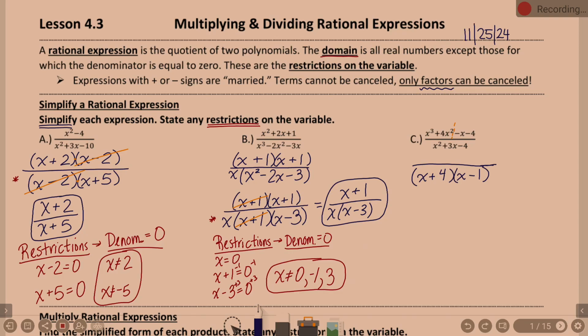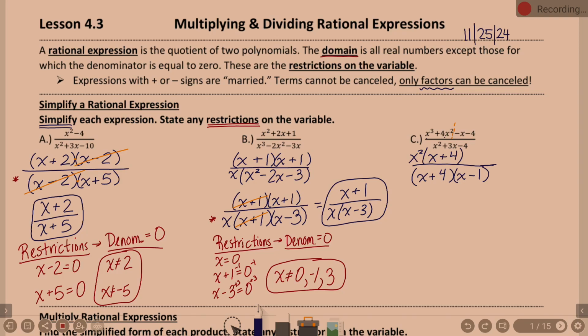And then, what is the GCF of the first 2 terms? So what do my first 2 terms have in common? X squared. So we're going to put the x squared out front. If you have x to the third and you divide out x squared, we're left with x. 4x squared, divide out the x squared, you're left with plus 4. Repeat on the second half.